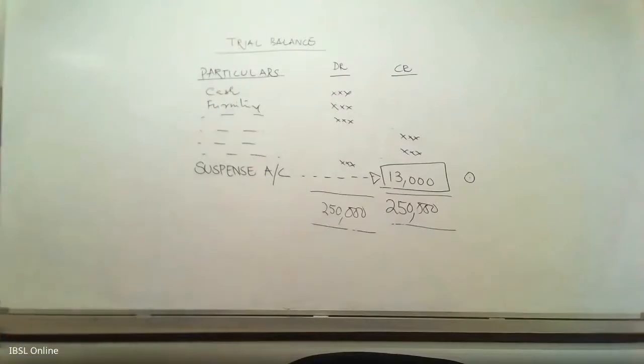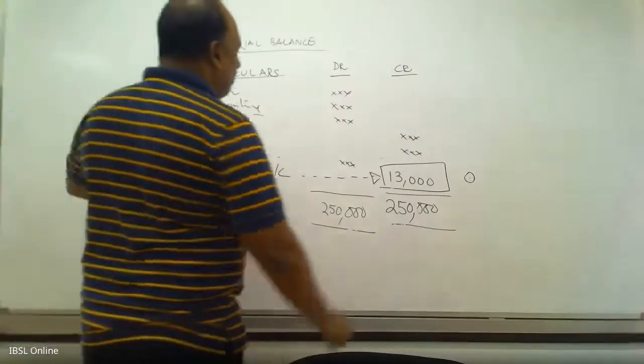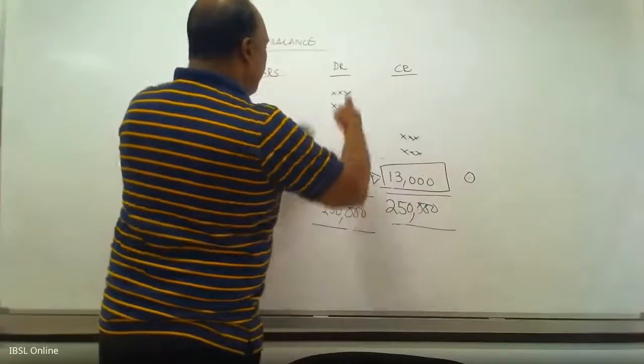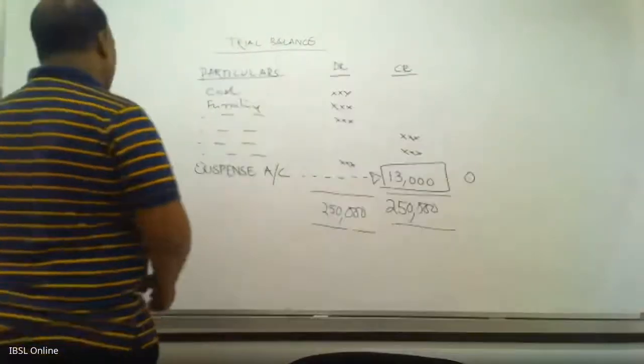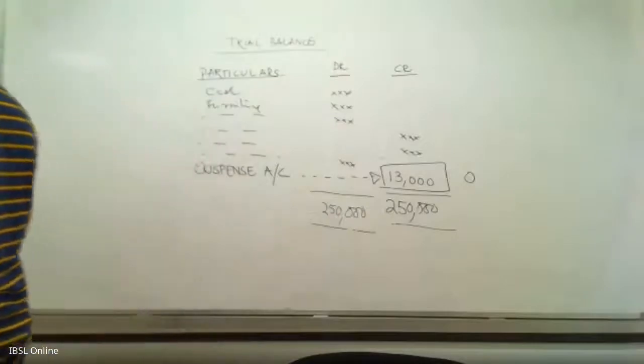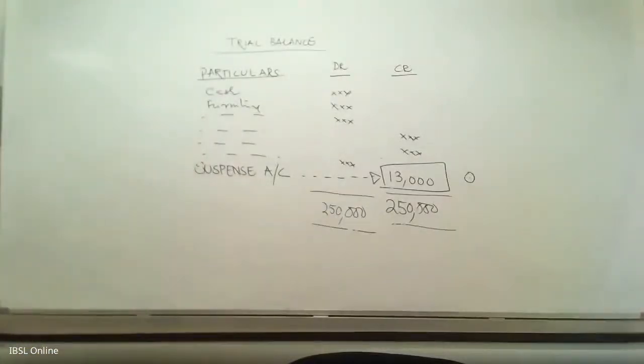So we will do questions. You don't worry at this point in time. We will do questions to understand how do we rectify the suspense account to make it 0 and then arrive at a perfect trial balance. Okay. So I would like you all to take down a small note here.